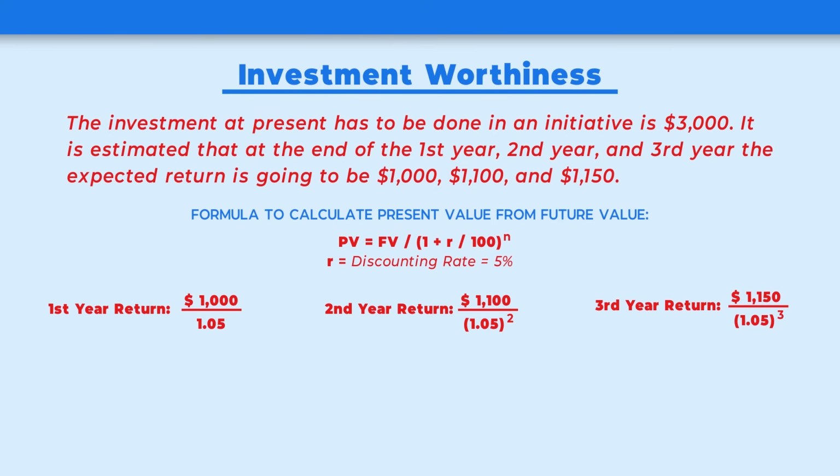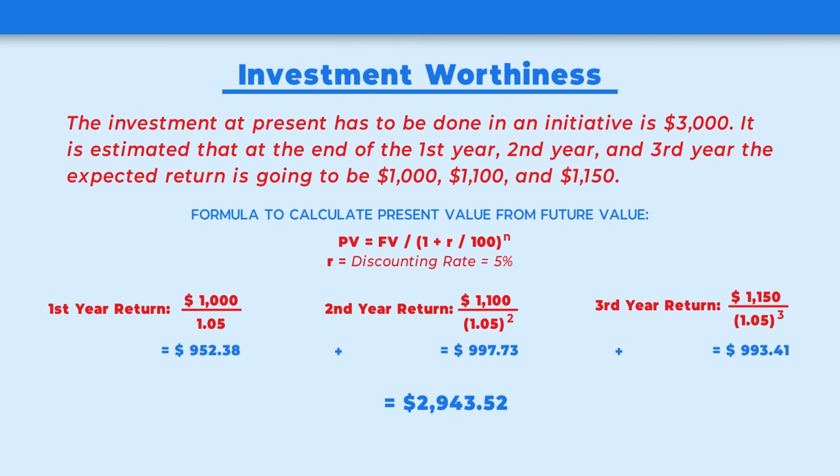So, the output of 1150 by 1.05 raised to the power 3 is $993.41. For the second year return, the present value is 997.73, and for the first year, it is 952.38.